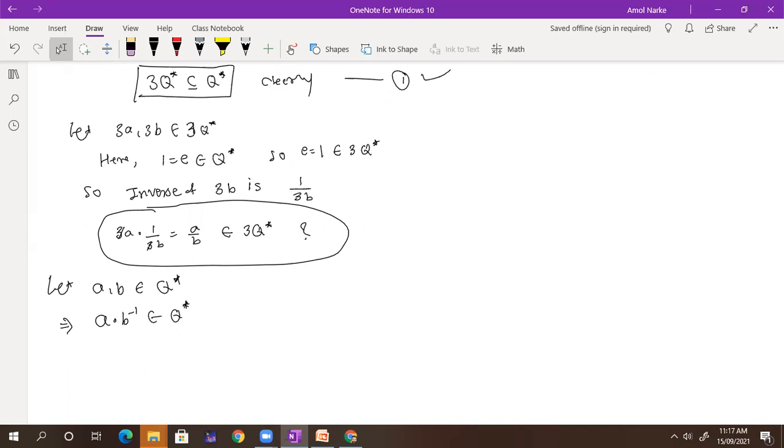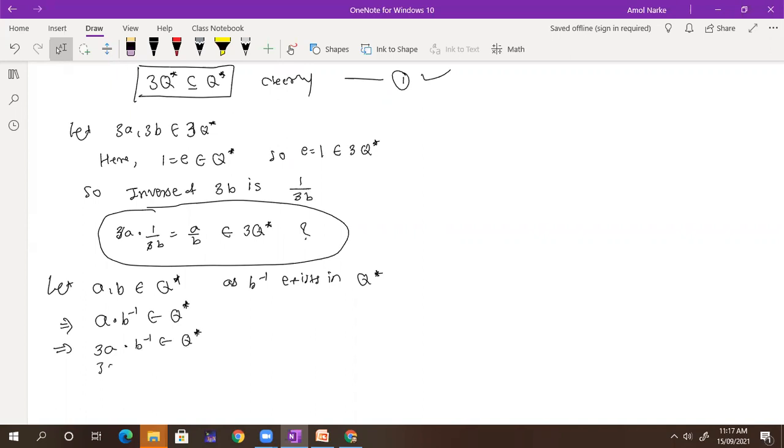Because q star is a group, so its inverse is also there, as b inverse exists in Q star.